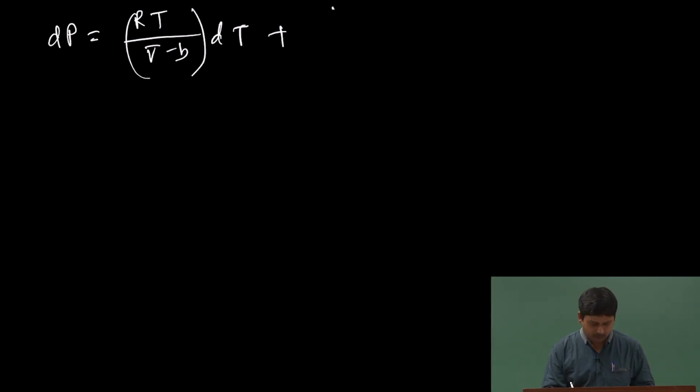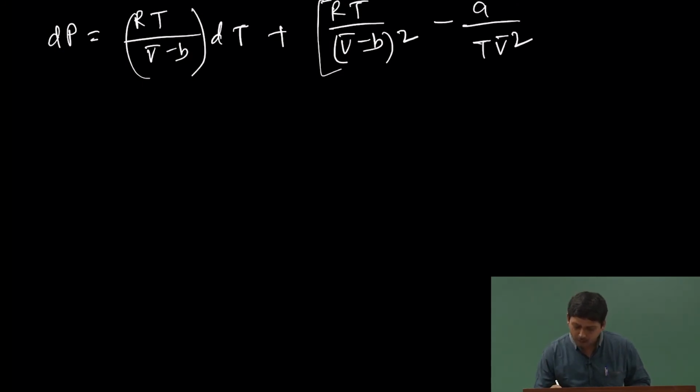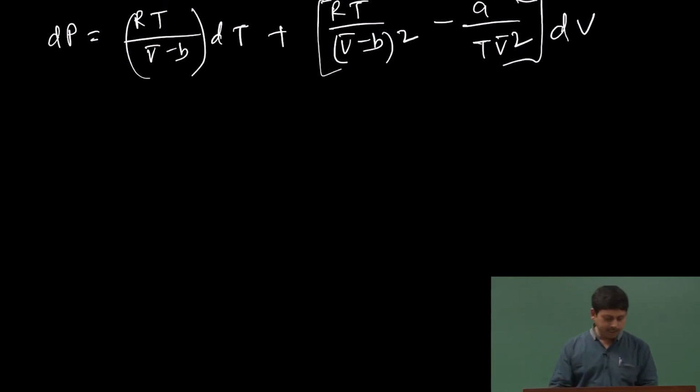Now, if you go back, dP is, let us say, RT by V minus B dT plus RT by V minus B whole square minus A by T V square dV. If that is the case, will it be an exact differential?